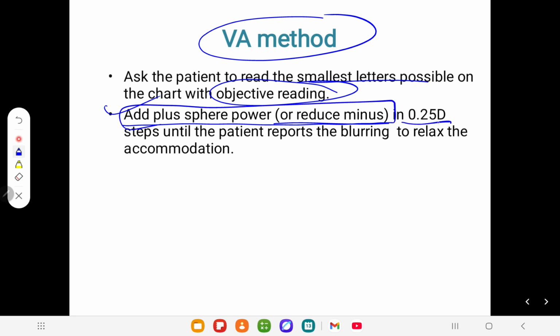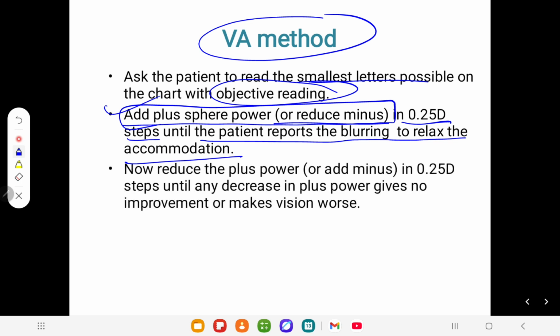Do this in 0.25 steps until the patient reports blurring, or to relax the accommodation. Once the patient reports the blurring, reduce the plus or add minus in 0.25 steps until any decrease in power gives no improvement or makes vision worse.